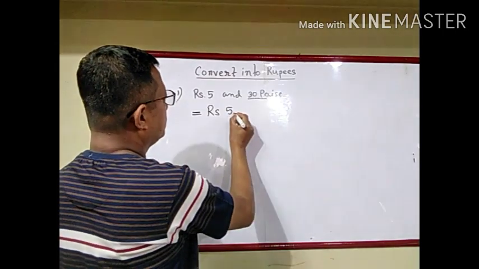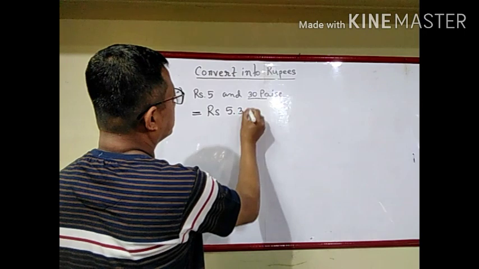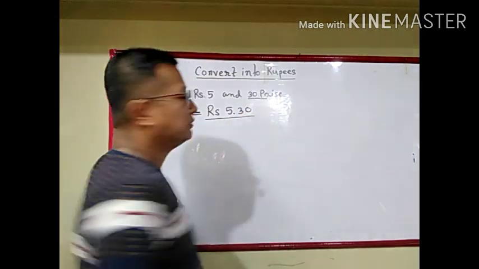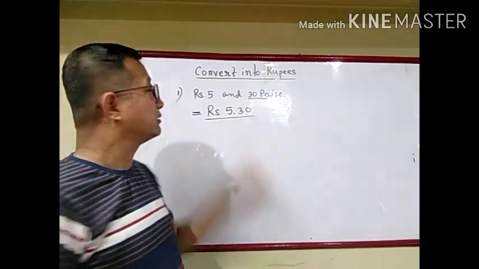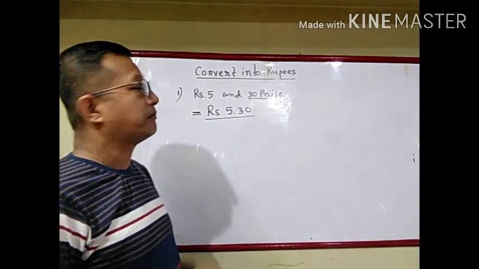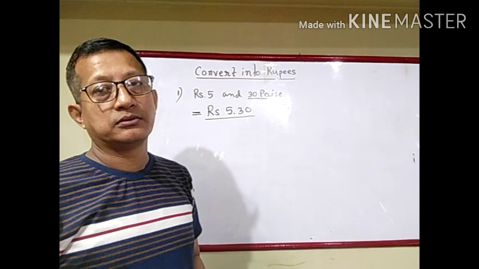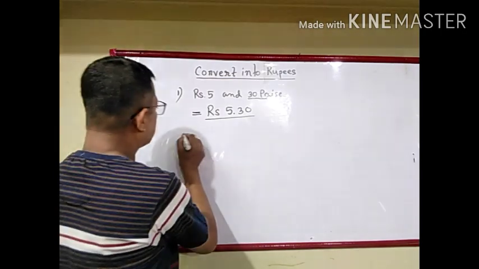That means after 5 you put one decimal point and 30. So this way you can convert directly into rupees. Rupees 5 and 30 pies you can write this way, rupees 5.30.